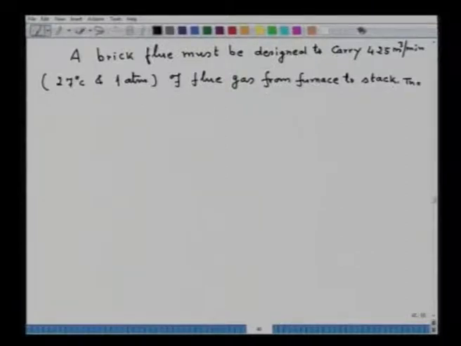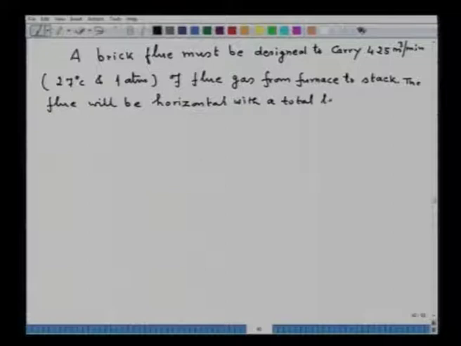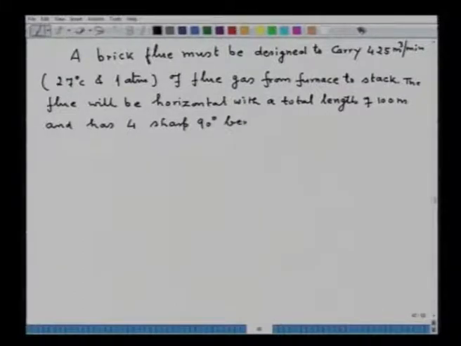The flue will be horizontal with a total length of 100 meter, and has 4 sharp 90-degree bends.